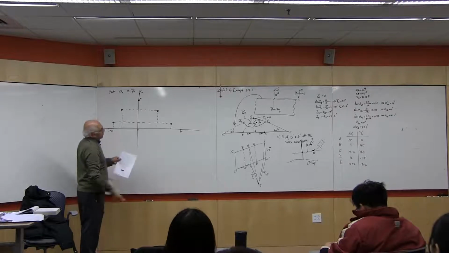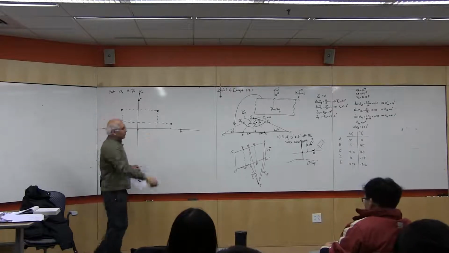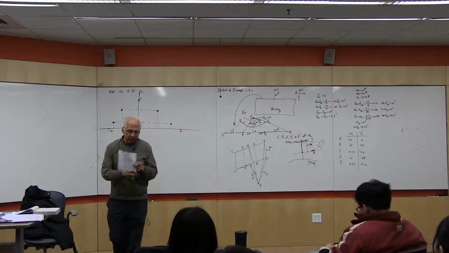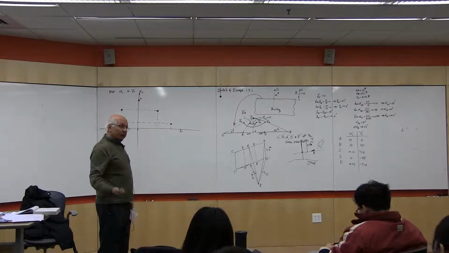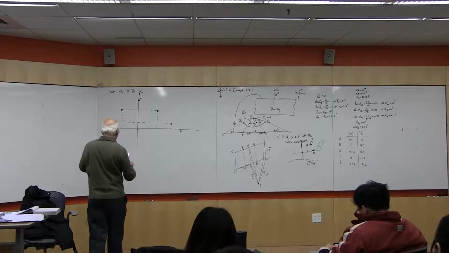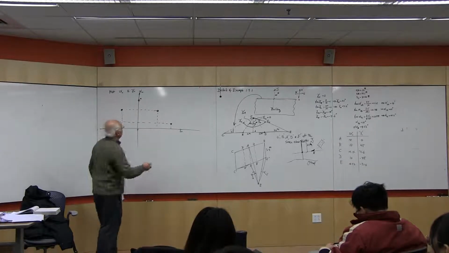The way we picked our points were symmetric, but they don't have to be. You can pick any points you want. Now, theoretically, we can fit a 4th degree polynomial too.